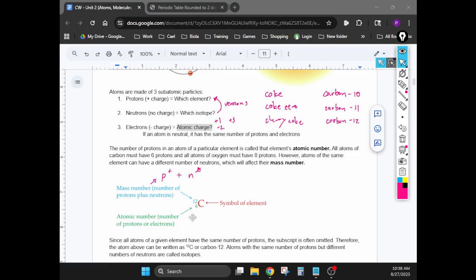Okay. And then on the bottom left is going to be the atomic number. Okay, and the atomic number is just the number of protons. It's just the number on top of the box on the periodic table. So carbon has a 6, so we put a 6 on the bottom left.